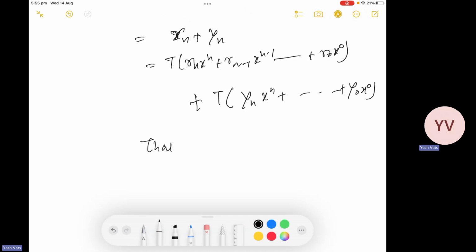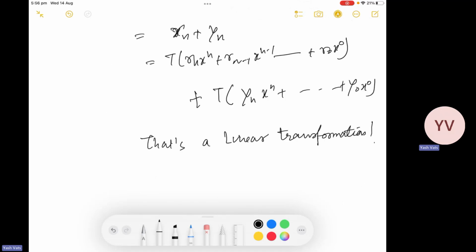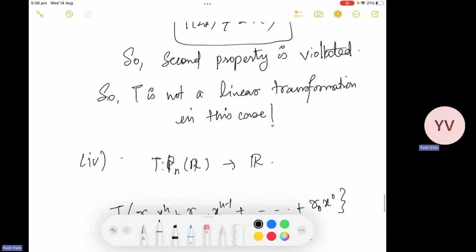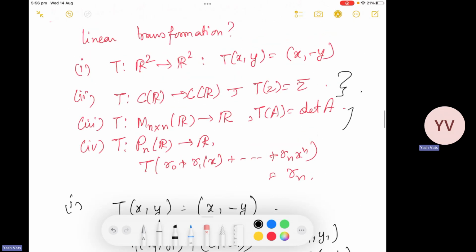So I think the third one is not a linear transformation; otherwise all are linear transformations.